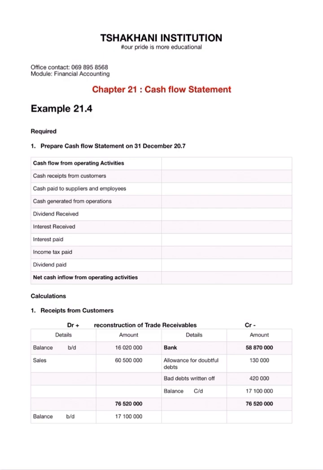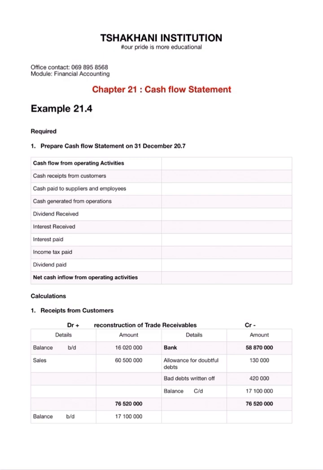After that, we add the allowance for doubtful debts of 130,000 plus the bad debts written off of 420,000, together with the balance carried down of 17,100,000. They were not giving us 76,520,000. Then we subtract to see how much balancing is needed for the credit to be equal to the debit.